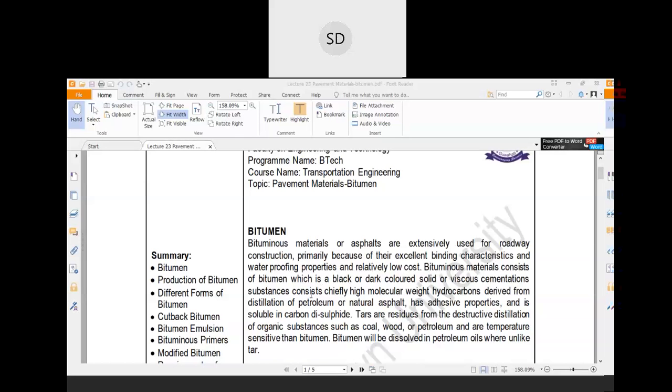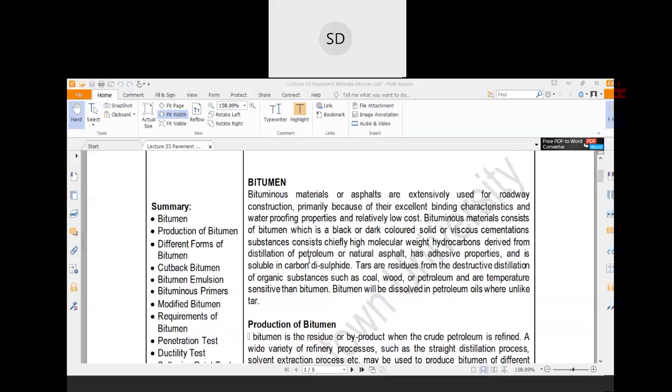Now, this bituminous material is found through the process of distillation of crude petroleum. So, basically, it is a byproduct of petroleum. There are different types of bitumens, and another type is tars.